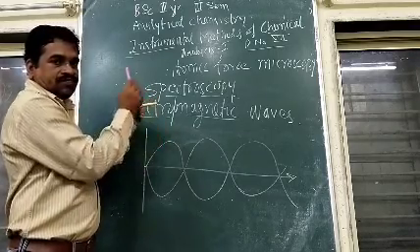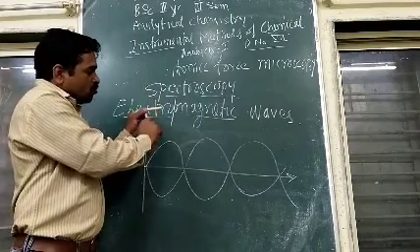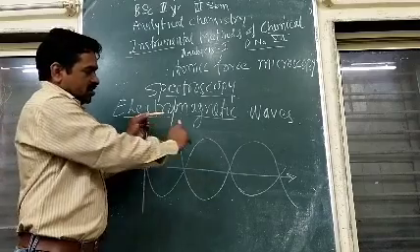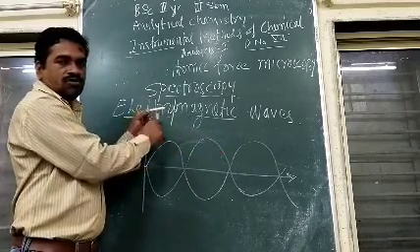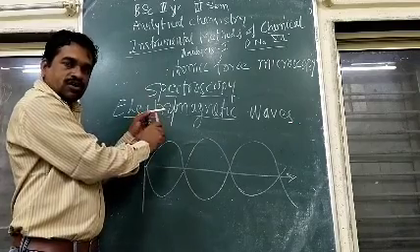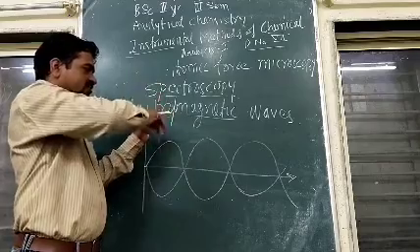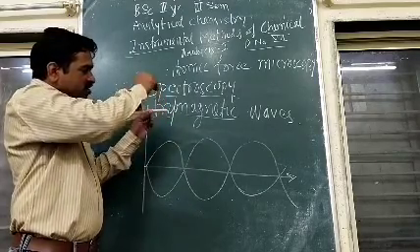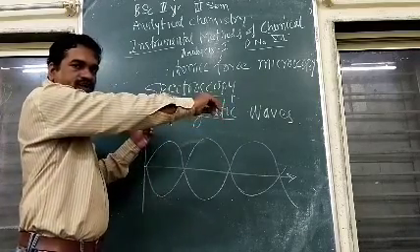The direction of movement is in this fashion. So this one and this one are perpendicular to each other. Another component is vibrating in this fashion, again perpendicular to this one and perpendicular to the direction of motion also.